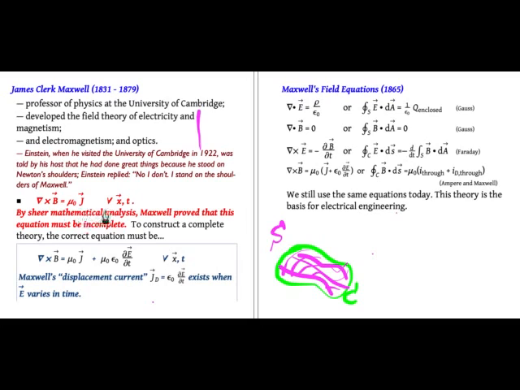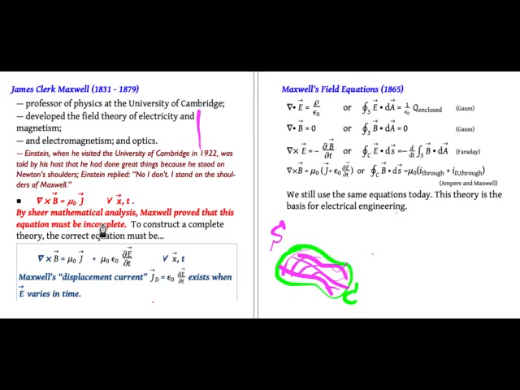By sheer mathematical analysis, not experiments, Maxwell proved that this equation must be incomplete because it would not agree with the other field equations for electricity and magnetism.